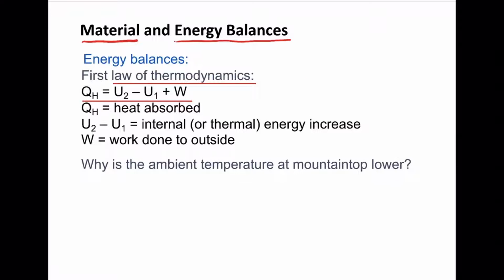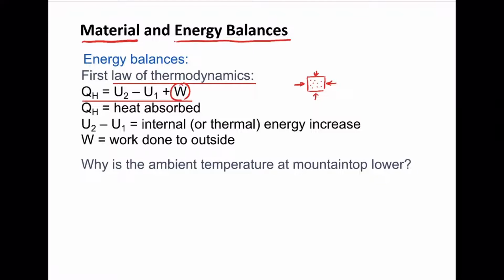Let's say we choose a control volume again, say a parcel of air, and we imagine there's a boundary surrounding this air. Then QH is just the heat that's provided to this air parcel, right? W is the amount of work it does to the outside. We know that air can expand or compress.